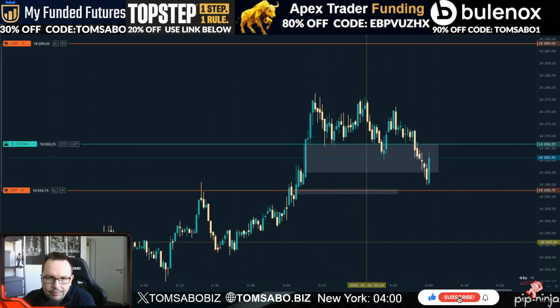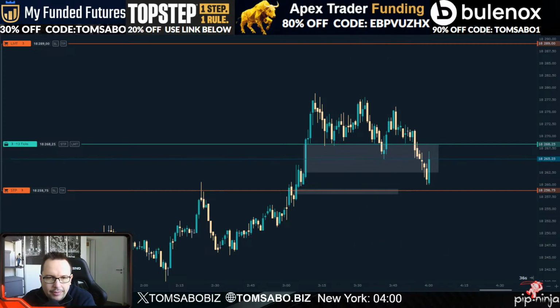Even if it's a good thing that it's spiking up, I don't like that. 15-minute fair value gap. Closed all shorts here at NQ and like to look long here.